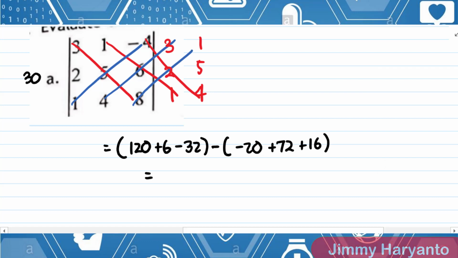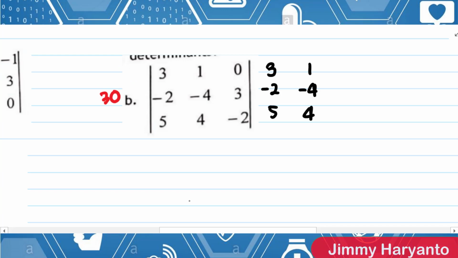Okay, good. So the results will be 126 minus 32, it's 94, and then minus 88 minus 20, 68, and the result will be 26. Yeah, 26.